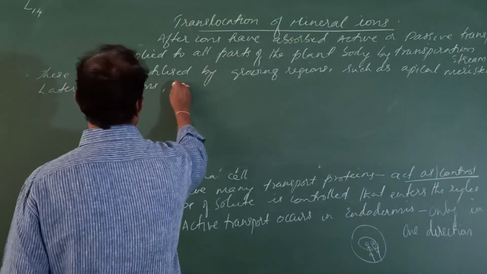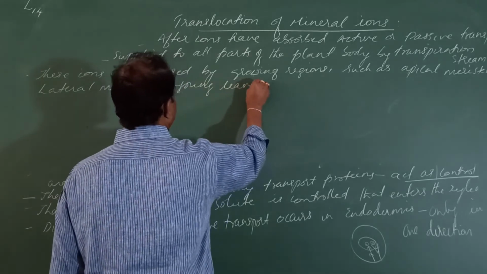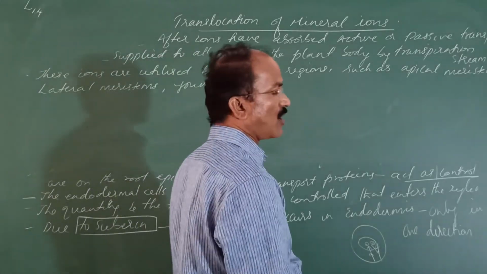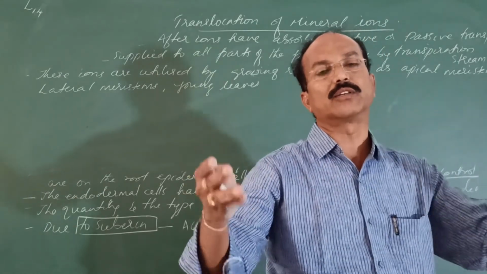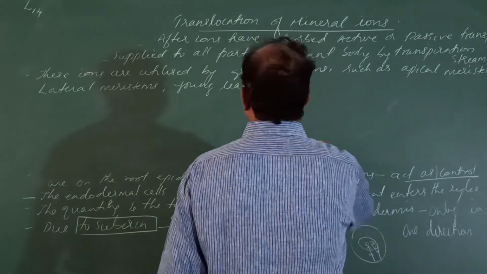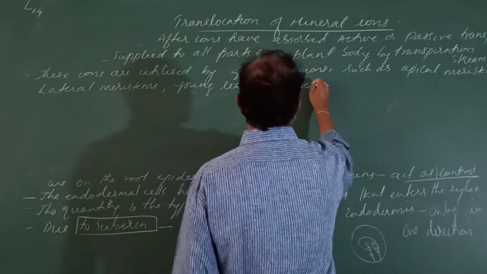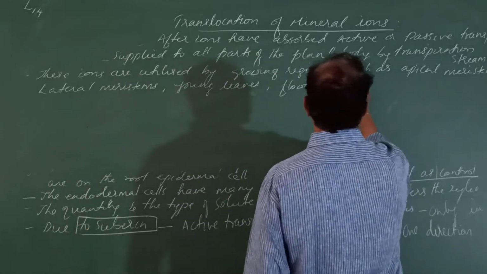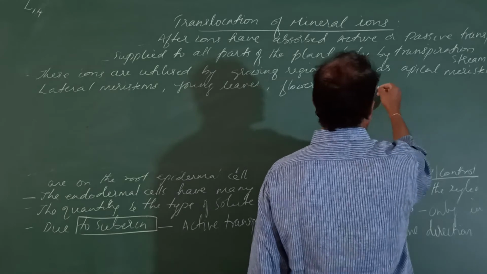Next, the young leaves. Just-born leaves are young and they have to grow, enlarge and increase in size. A lot of changes occur in the leaf. Growing flowers require these ions, and so does the formation of fruits.